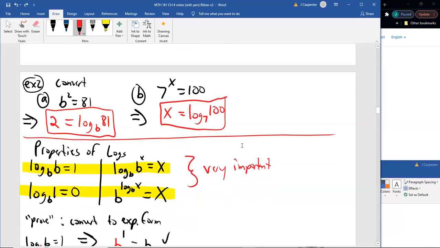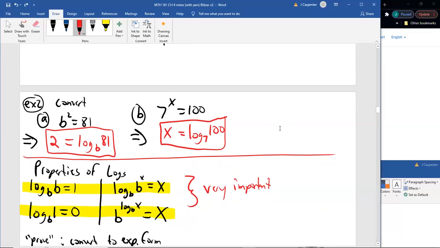Well, let's prove them, and the way we prove these is to convert them to exponential form. Now, some mathematician that came up with this had to do much more than what we have to do because they couldn't work backwards. They didn't have the answer. We have the answer, and we're just going to work backwards to get the question, essentially.